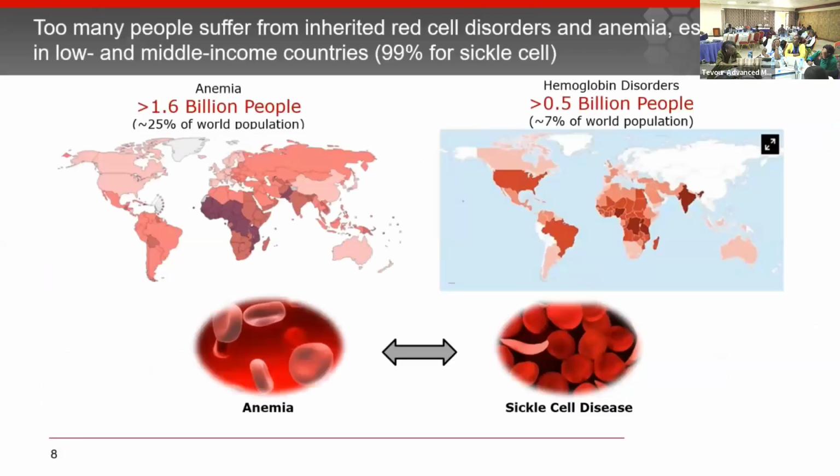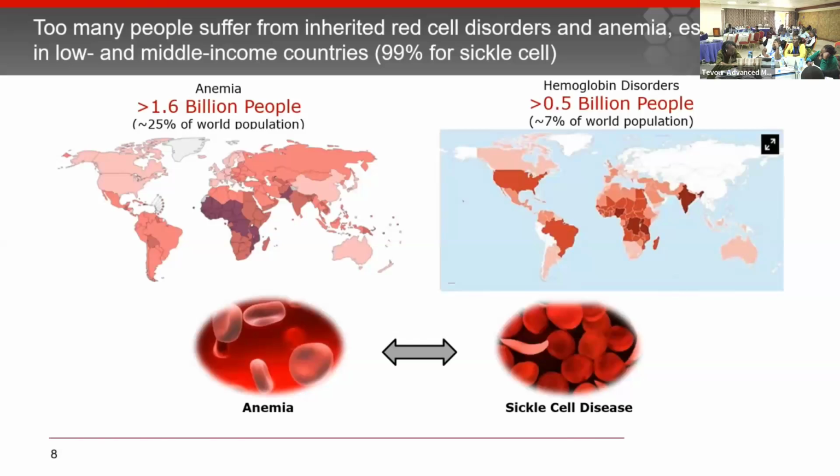So I said sickle cell disease is one of those conditions that impacts the lifetime of red blood cells. Sickle cell disease is a very common hemoglobin disorder that occurs when one amino acid in the hemoglobin molecule is replaced by another one.